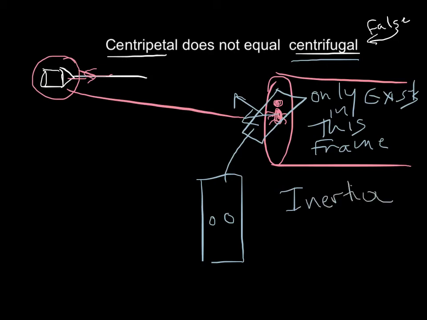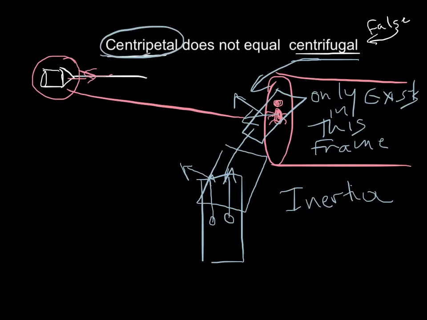Your body is an object in motion that wants to stay in motion in a straight line and at a constant path. When the car turns, your body is still trying to go forward, and since it is trying to go forward, you feel like you are being pulled to the outside edge. Now, that is what we mean when we're talking about a centrifugal force. Remember, centripetal is real, centrifugal only exists in a rotating frame.